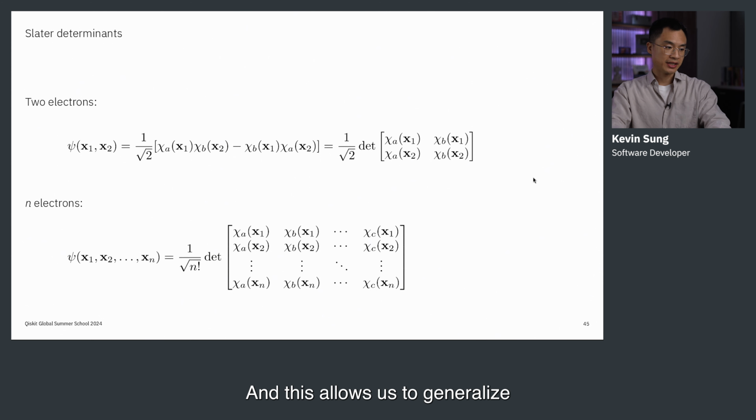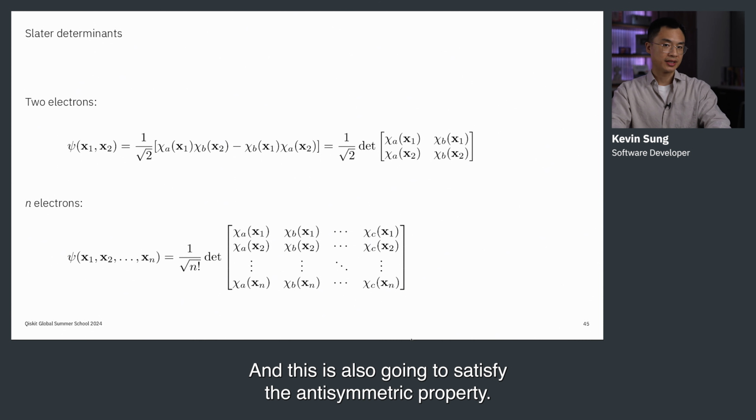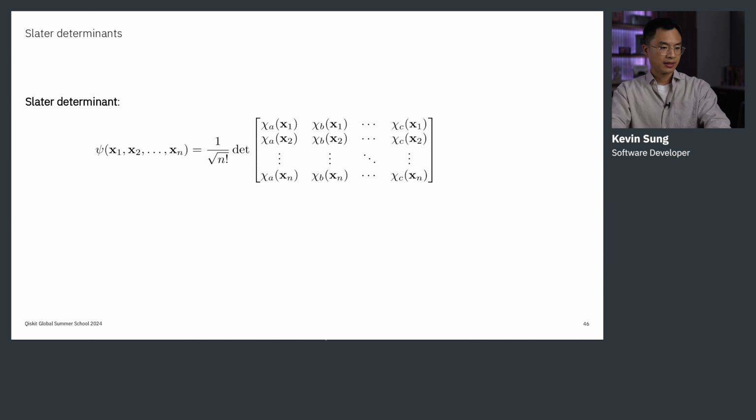This allows us to generalize, because for n electrons, we can form this determinant of an n by n matrix, and this is also going to satisfy the antisymmetry property. So this gives us a way to build up an antisymmetric wave function from spin orbitals. And this wave function here is called a Slater determinant.